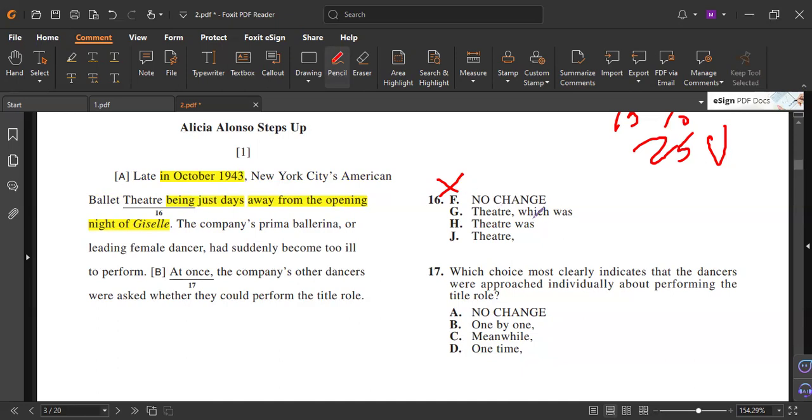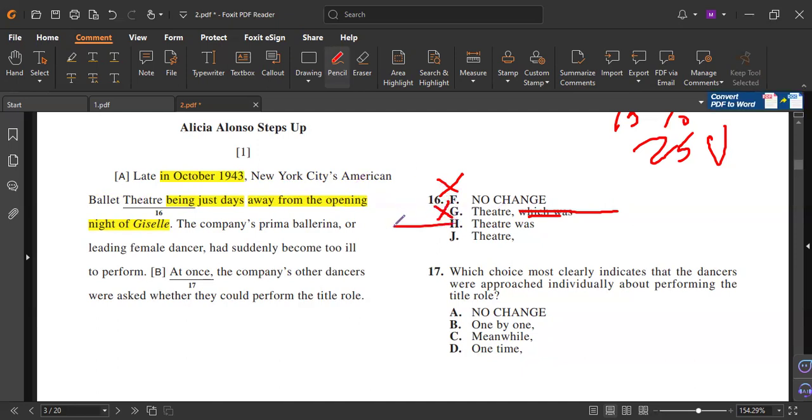Again, if I use G, you make it a clause. Okay, but if it is a clause, we already delete the phrases and the clauses to know if it's a sentence or a fragment. So if I delete this part because it's a clause, what is the verb again? So it's a fragment again.